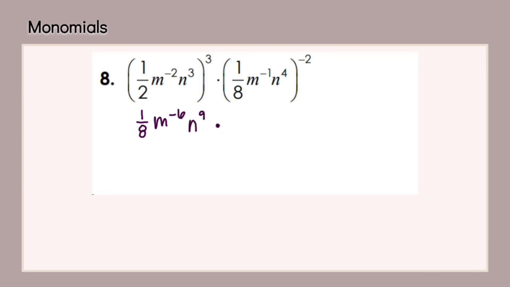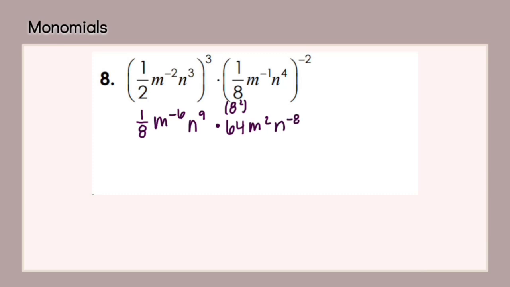Times 1/8 to the negative 2, if you remember, we flip this and then the exponent becomes positive. So that would be 8 squared. We would get 64. And you can put 8 squared here if you'd like to help you. m to the negative 1 raised to the negative 2 would be m to the positive 2 power. And then n to the 4th raised to the negative 2 would be n to the negative 8th.